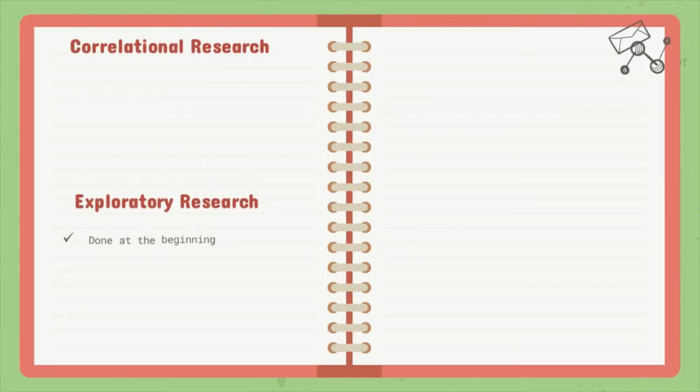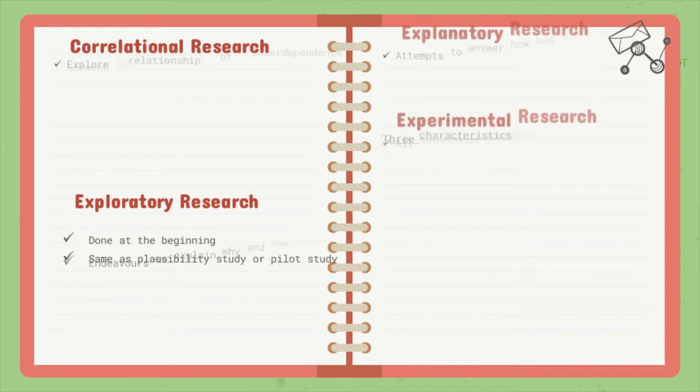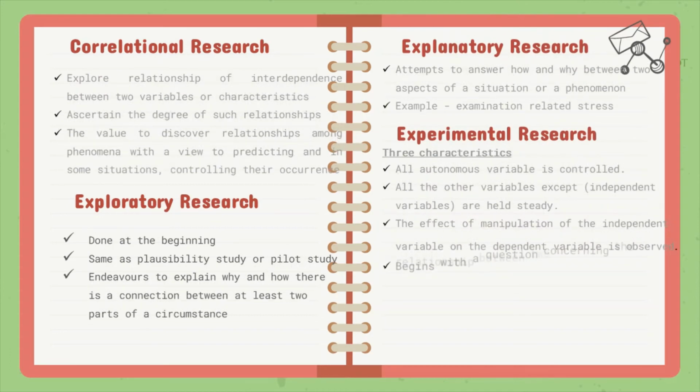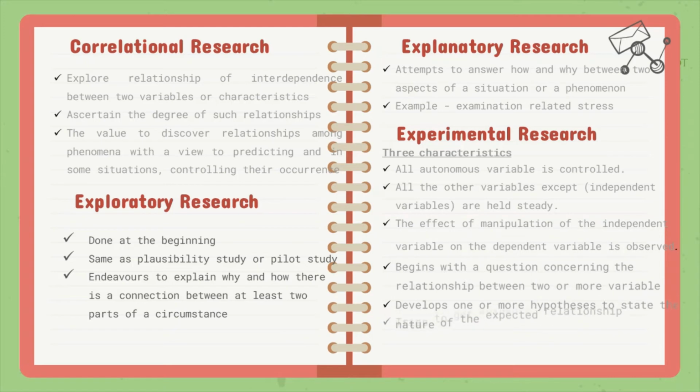So the next research is correlational research. The purpose of this research is to explore the relationship of interdependence between two variables or characters. Here in the correlation we have to find the differences and similarities, or what is the common, unique and intersecting relationship between the variables and their characters.